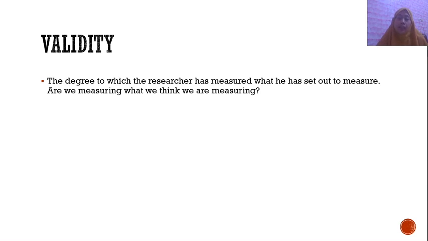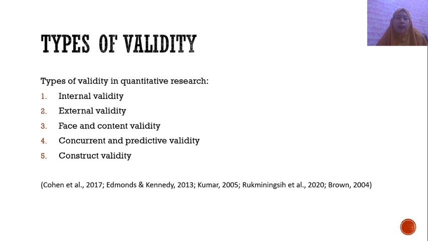You can begin by asking yourself, are we measuring what we think we are measuring? Do we use appropriate and valid instruments to collect the data that we are looking for to answer our research questions?